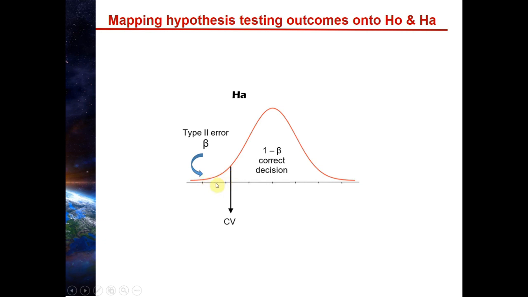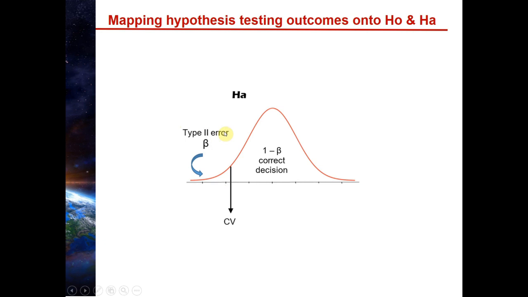So if you retain H0, as you would do, it means that you could have made a correct decision, but maybe you've made an incorrect decision, and maybe your TS actually falls under HA. That is called making a type 2 error.